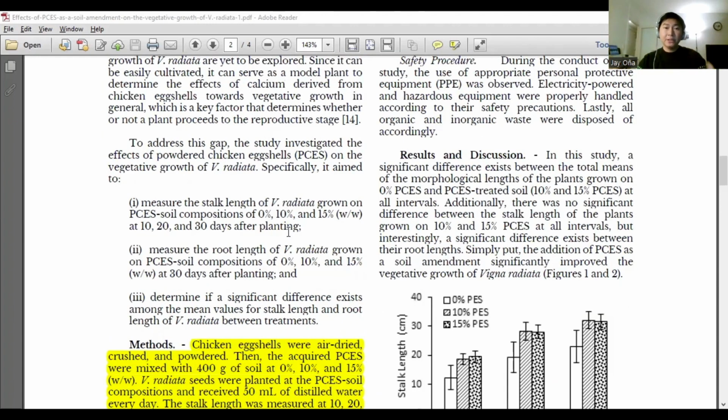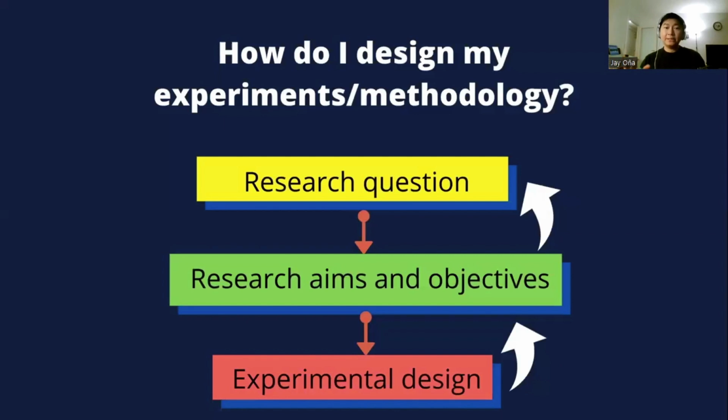And in the end, they tried to see if there is significant difference in between treatments, and of course the control sample that received no treatments. Okay, so let me just go back to my slide. So again, your experimental design answers each one of those research objectives.